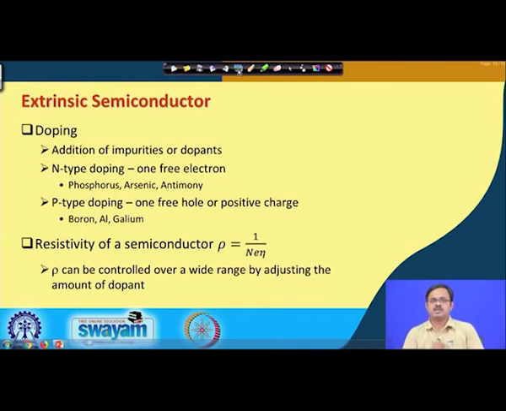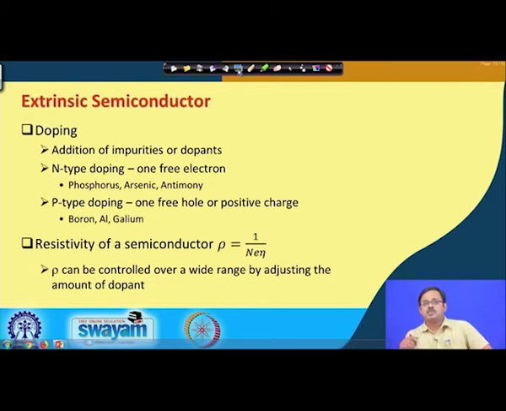So, for example, we talked about n type doping and p type doping. In n type, what is the charge carrier? It is an electron. In p type, what is the charge carrier? It is an electron hole. Now, the electron can travel much faster than a hole, almost 3 times faster.